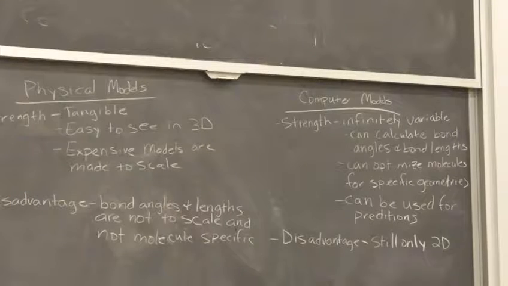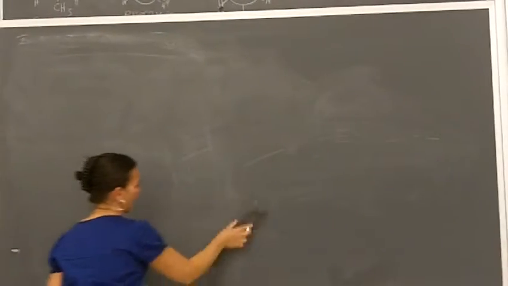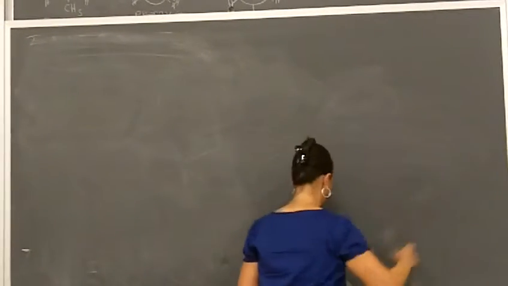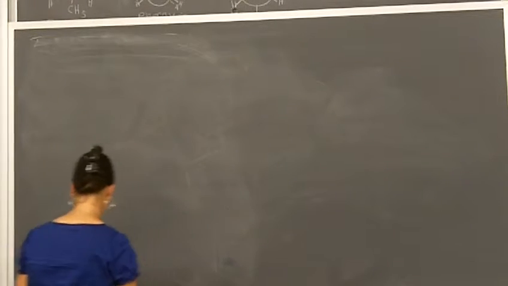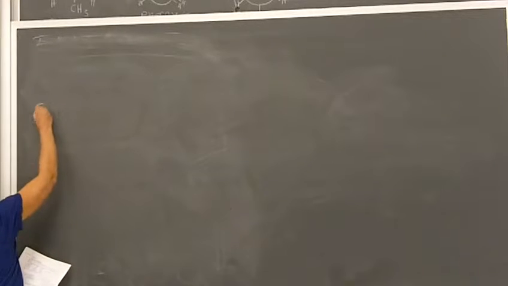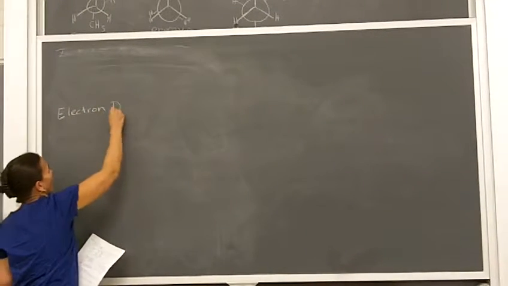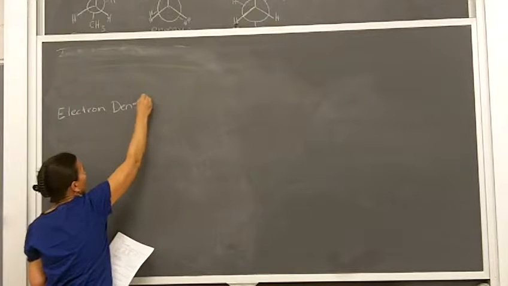So there's a couple things that we want you to be aware of and make sure that you are able to complete for this week's experiment. A couple things you may want to even practice before you come to lab this week. First of all, remind yourself about electron density maps and what is involved in reading those.